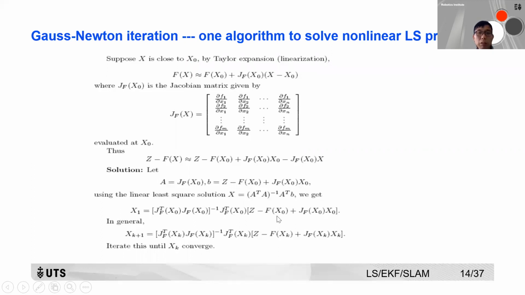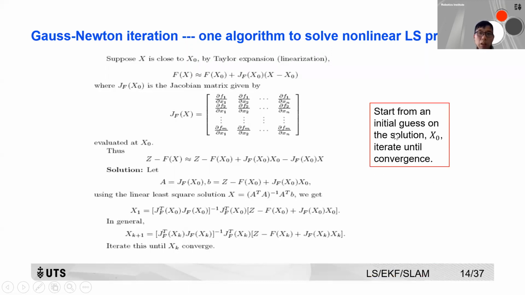We can get the solution of the nonlinear problem. But this one, because we are doing linearization, is not accurate. We need to do iteration. So we start from an initial guess of the solution. This is x0, and then we use this iteration to calculate x1. Then we perform linearization at x1, then calculate x2. Keep iterating until convergence. So this is the Gauss-Newton iteration.